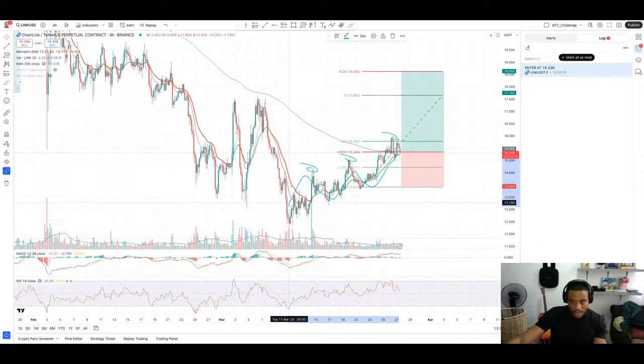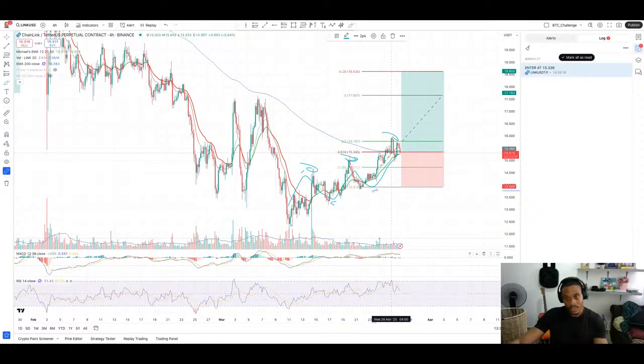So you have higher highs, and this low is higher than this low, and then it's going up. Usually trends form in threes before some major correction. So now we could expect a dump here, but it could also continue rising.